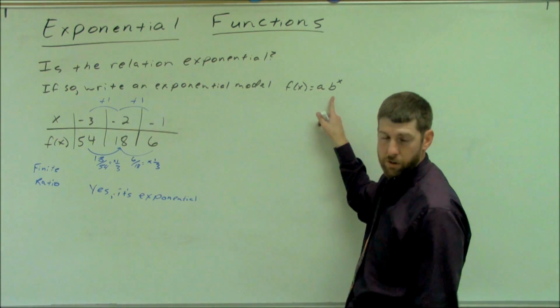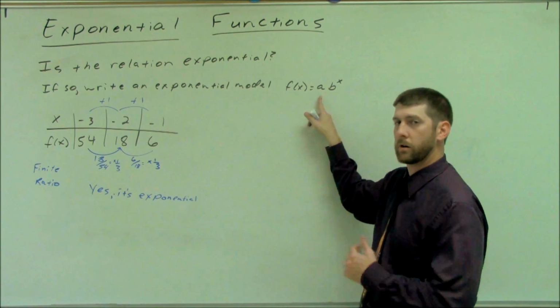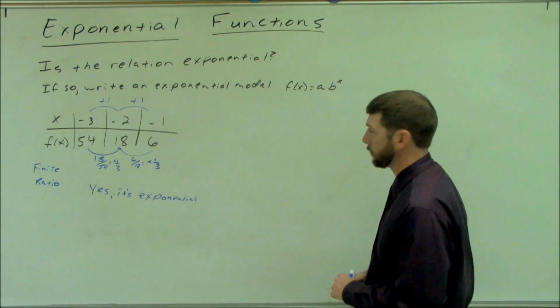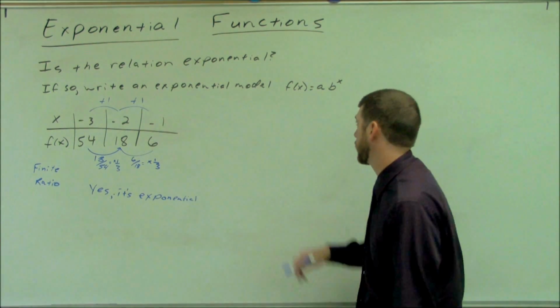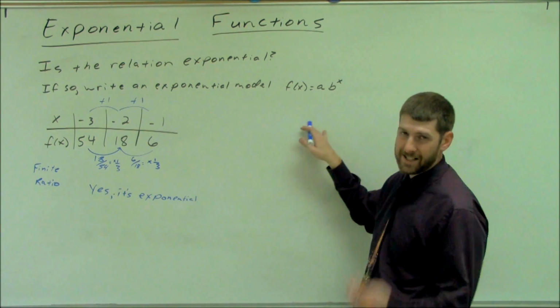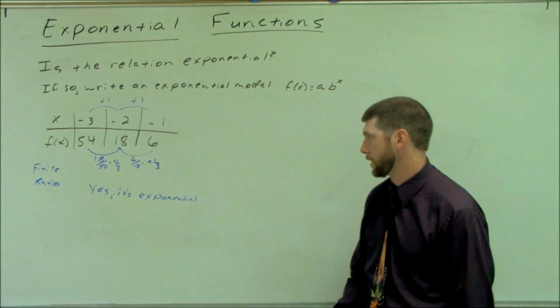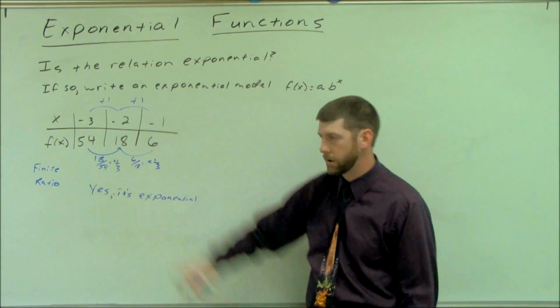We have b, which we call the growth factor, and we have a, which is our vertical stretch factor or compression factor. And we're going to then figure out what they are by taking 2 points for our two unknowns. So you pick any 2 points you want out of there. I like the nice, smaller, cleaner numbers.